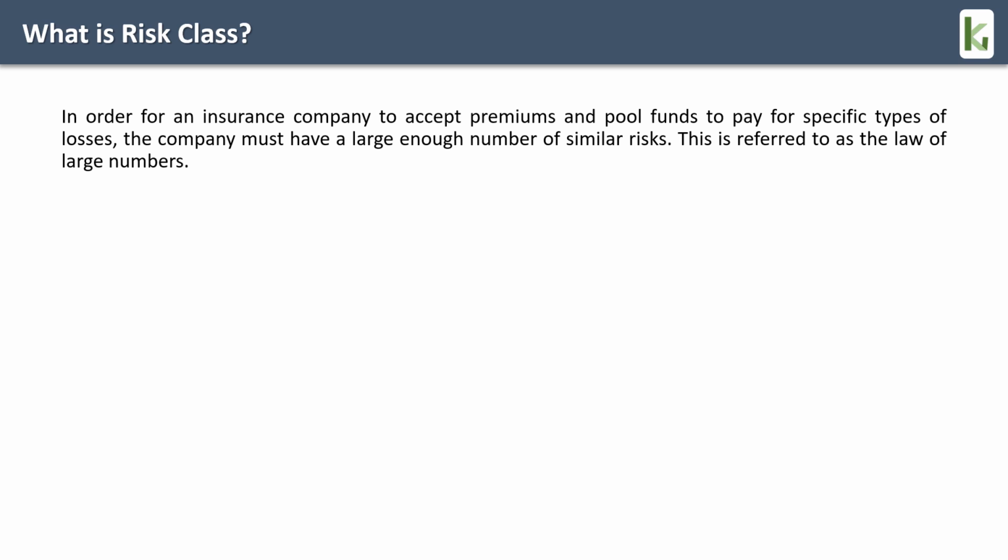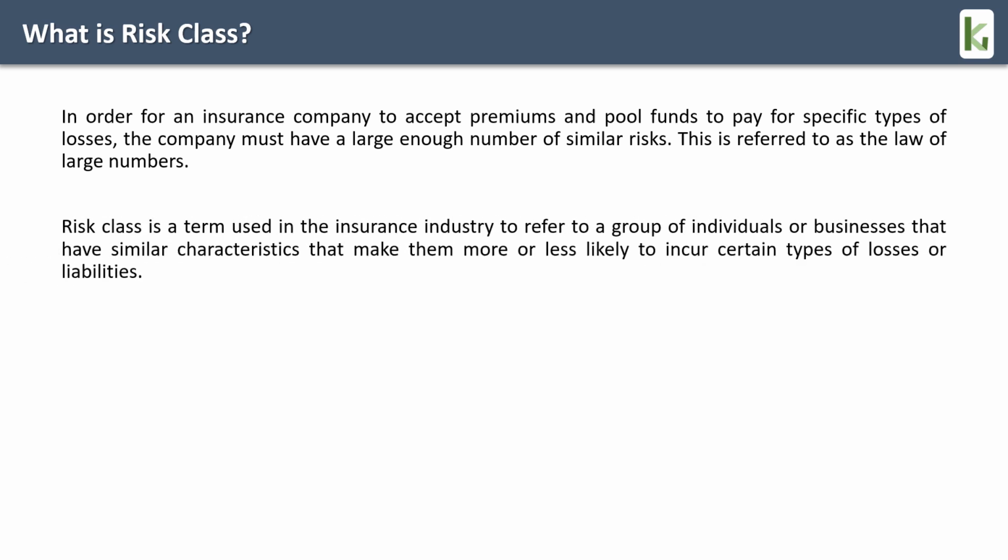The company will not provide insurance to cover that coverage because there is not enough number of risks. Because in case of loss, the company might have to pay more than what it has pooled through premiums. So the law of large numbers applies for any insurance company in order to accept risks.